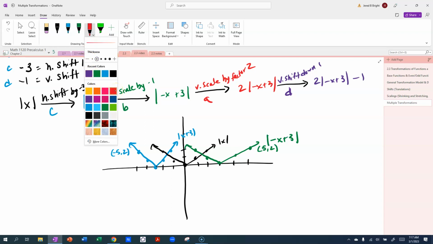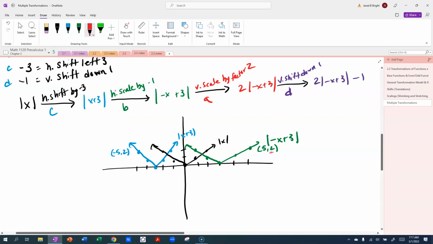Next one. I want to vertically scale by a factor of 2. So that means take the y value and multiply by 2. Oh, I'm sorry, scale, right? Multiply by 2. So multiply by 2 the y value of 2.